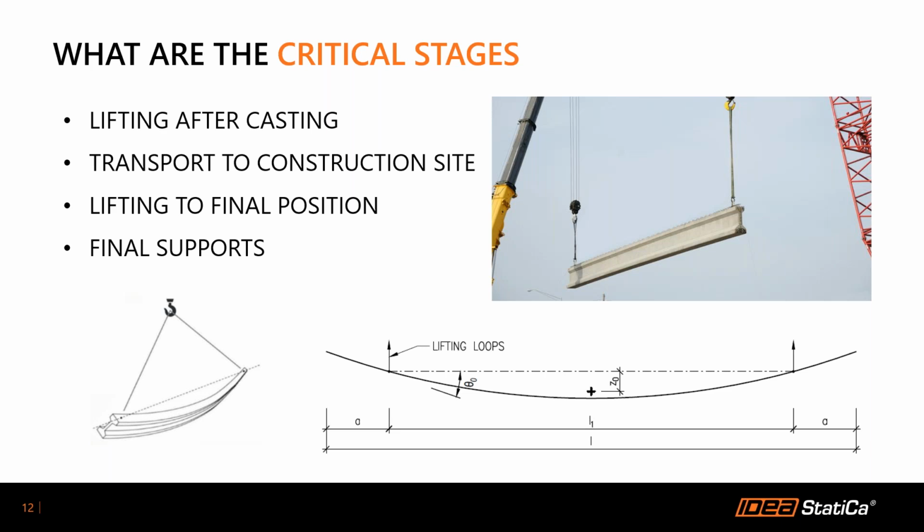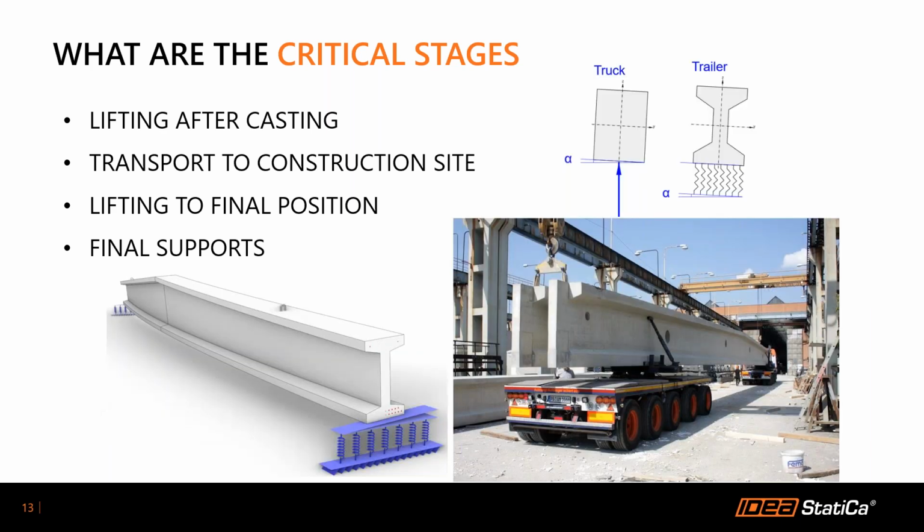It is the lifting after casting. This happens in a precast factory when the beam, after it has been cast, is moved to the storage yard. Then the transport situation, the transport to the construction site. On these pictures, you can see how these long, slender precast beams are usually transported to a construction site.